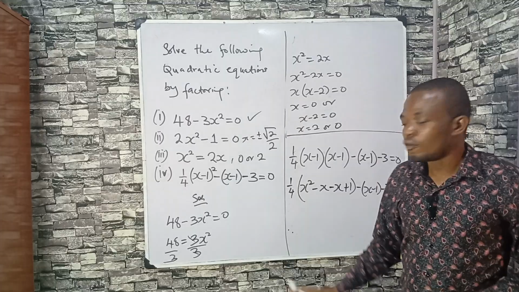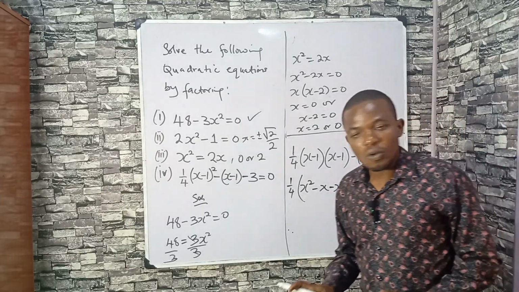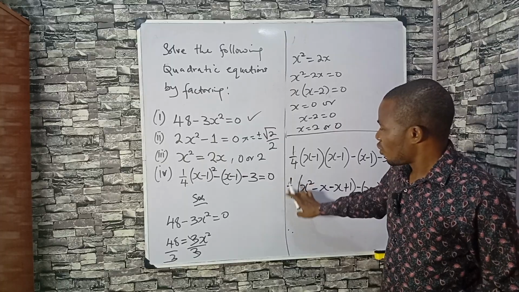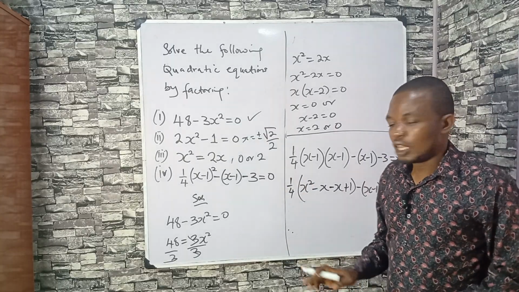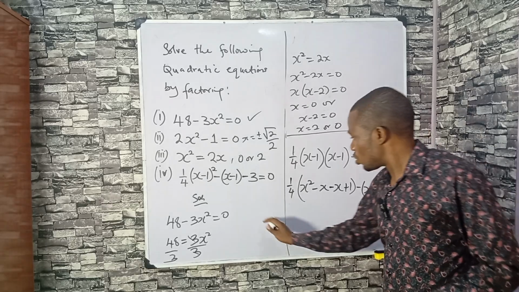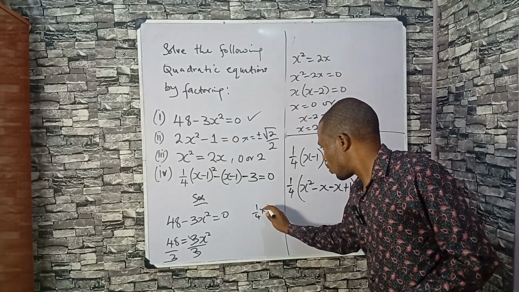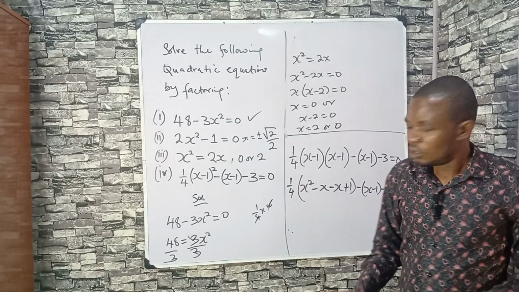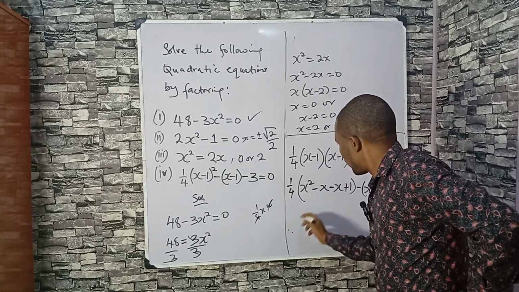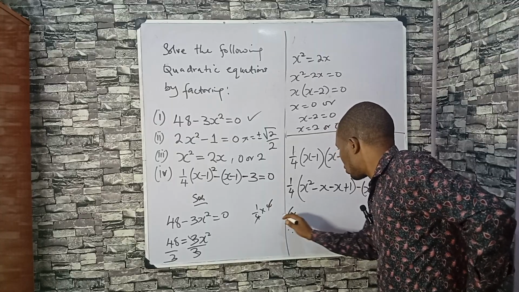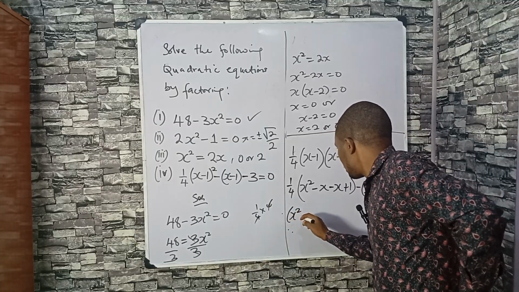Multiply everything by 4. Why 4? So that this 1 over 4 can be taken care of. If you multiply by 4, it will take care of this 1 over 4, because 1 over 4 times 4 is 1, and that makes the equation linear. So multiply by 4, you have just x squared, because 1 here, unity, same thing.